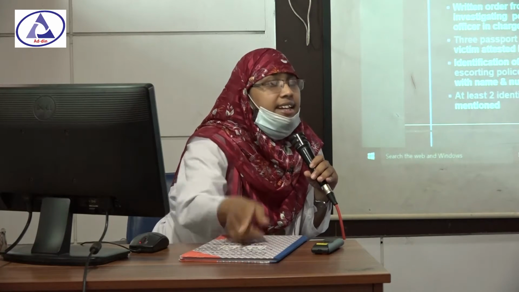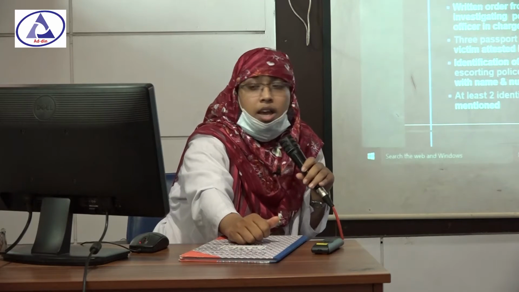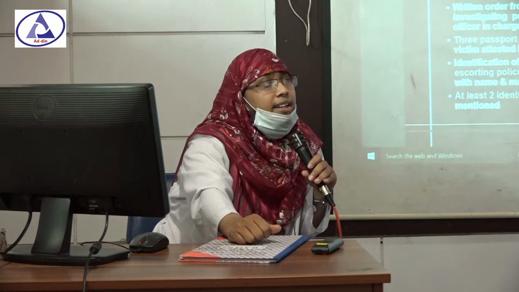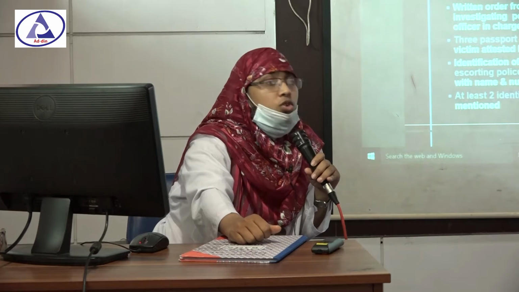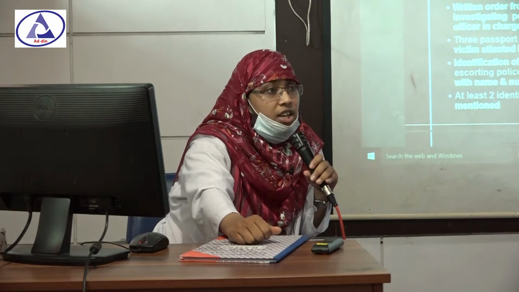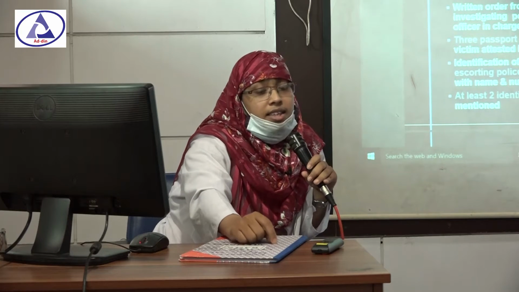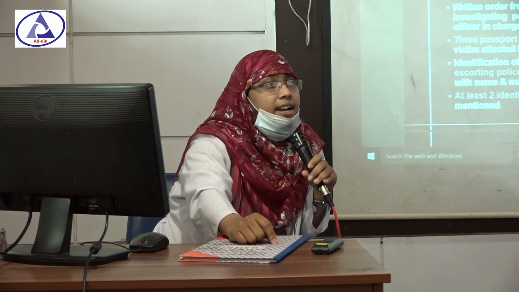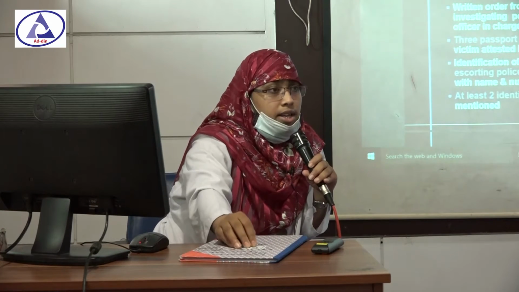Identification of the victim by the escorting police constable: the police constable accompanying the victim will identify that this is the victim he is here with. And you need at least 2 identification marks from the victim. Usually we describe a mole. A mole or even a birthmark can be described, and this description will include the anatomical description: how much distance from a bony prominence.